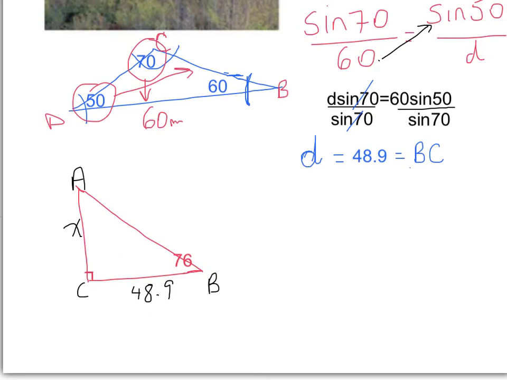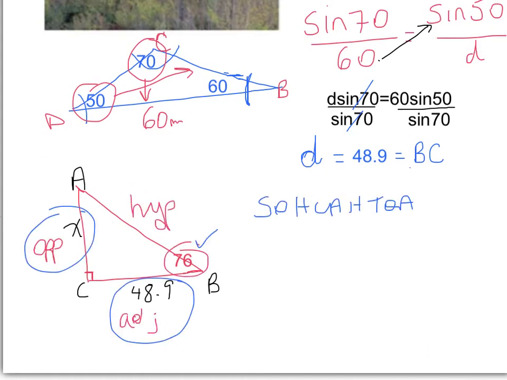So I have this angle right there is 76. That makes this the opposite side, makes this the hypotenuse, and it makes this the adjacent side. So I'm going to use adjacent and opposite along with my angle from SOHCAHTOA, that's O over A, that's tan.